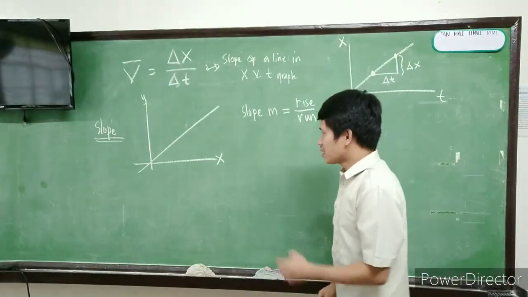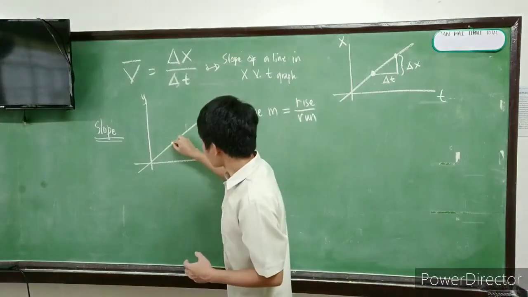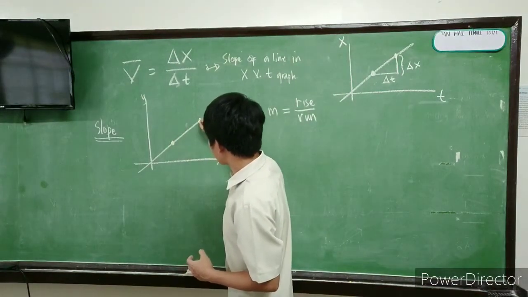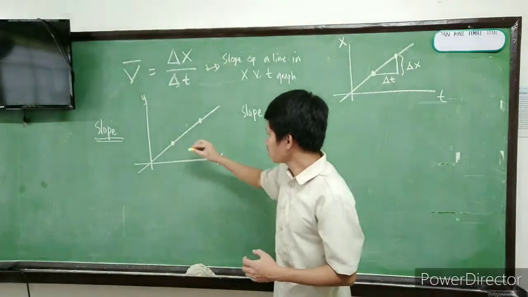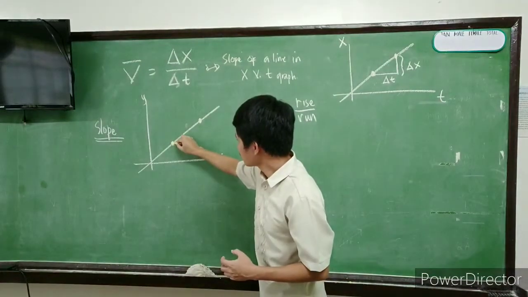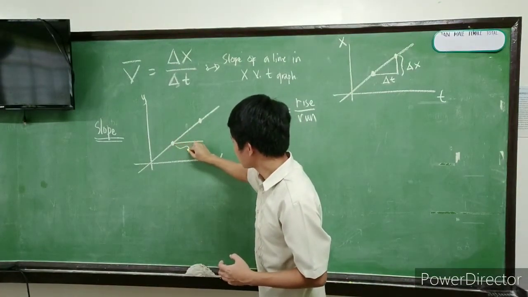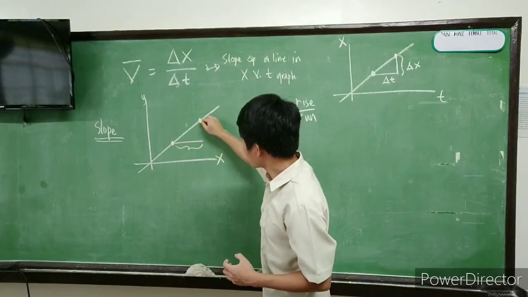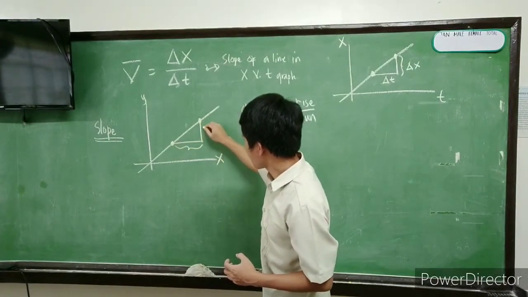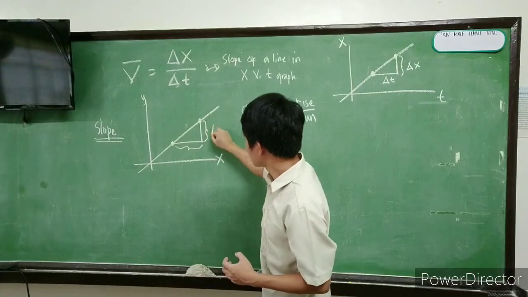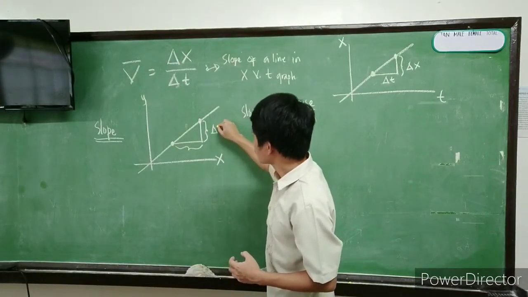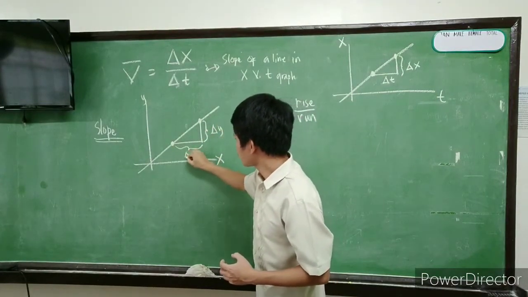Okay? Consider taking 2 points dito sa line graph ninyo. And then yung change on x-axis, which is ito. And then ito naman yung change in y-axis. So delta y, ito naman yung delta x.